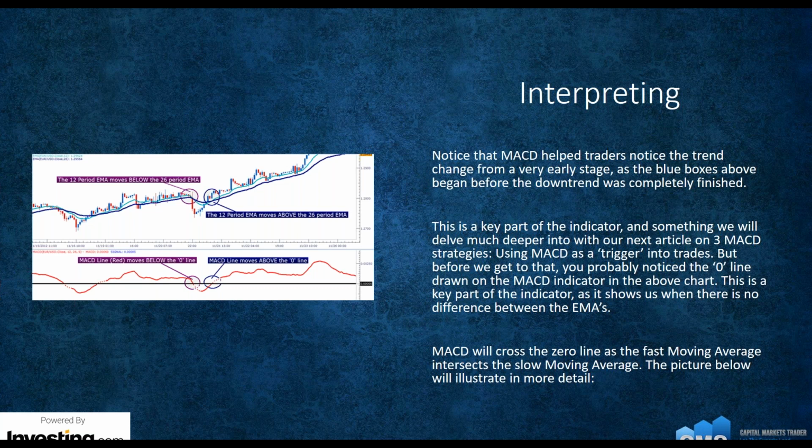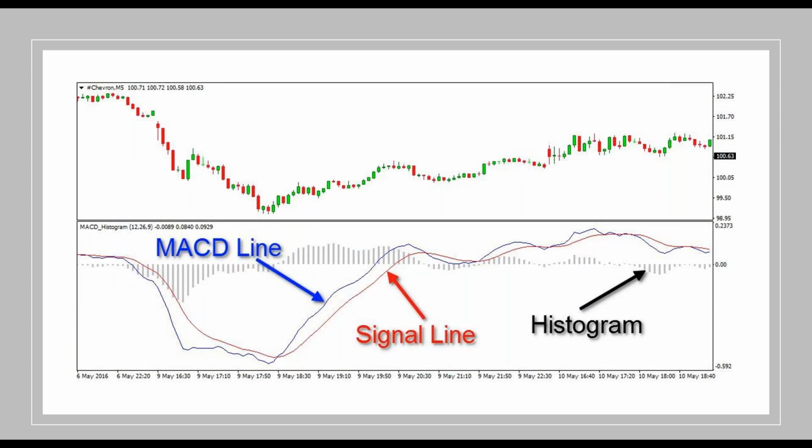Okay, the key part of this indicator, and something we will delve deeper into on the MACD strategy, is using the MACD as a trigger into trades. So we have built this chart below our charts.